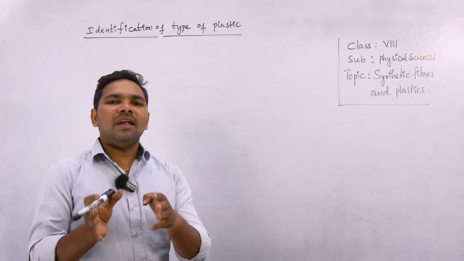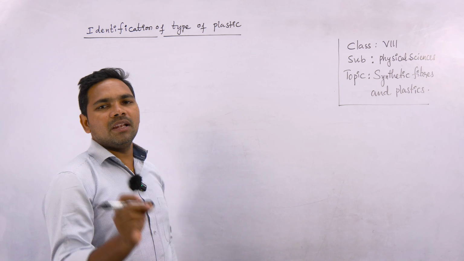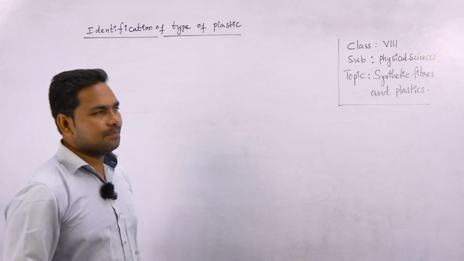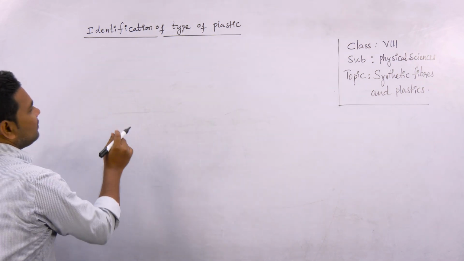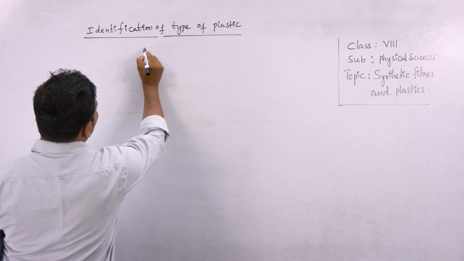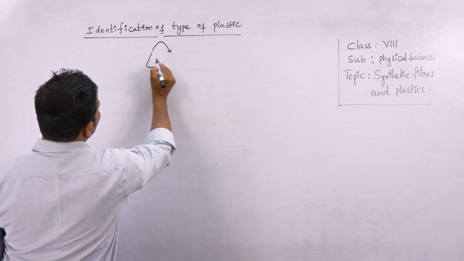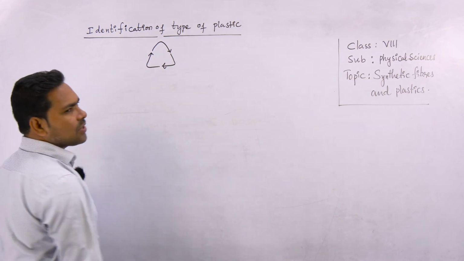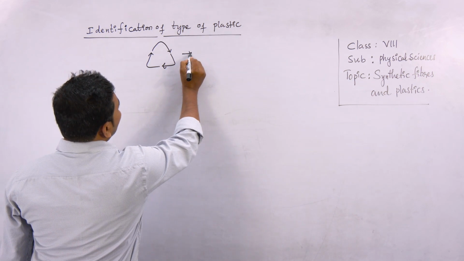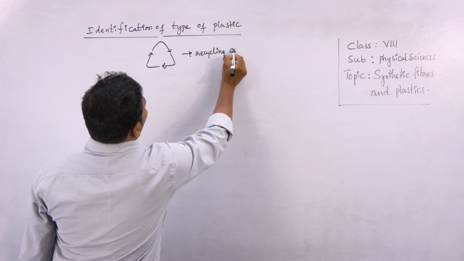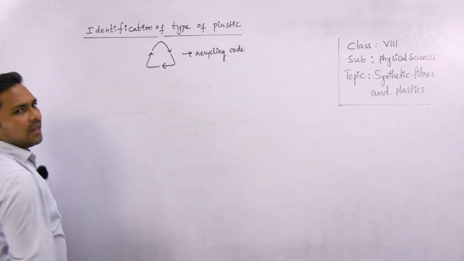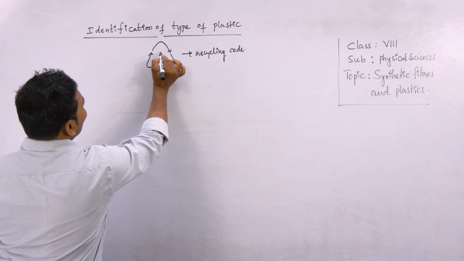Actually, the type of plastic is represented by a symbol in every plastic item. On every plastic item that you see, we can see a triangle symbol like this. This triangle symbol is like a recycling code. It's called a recycling code. And within this triangular symbol, there is a number written.